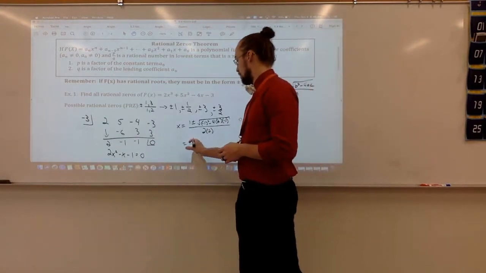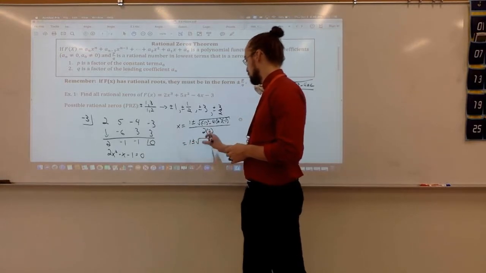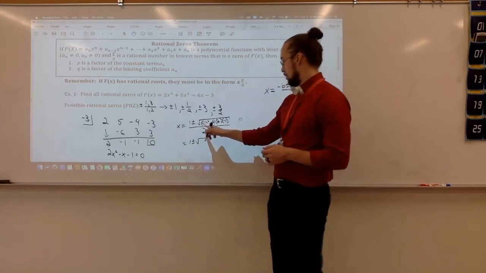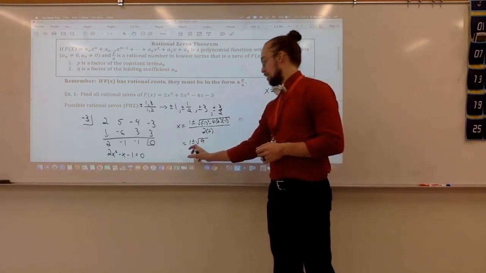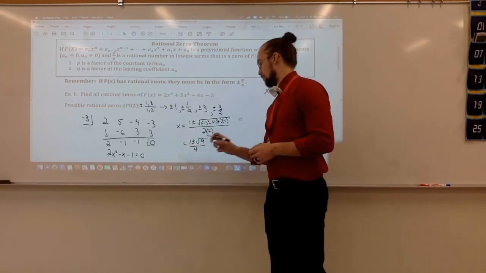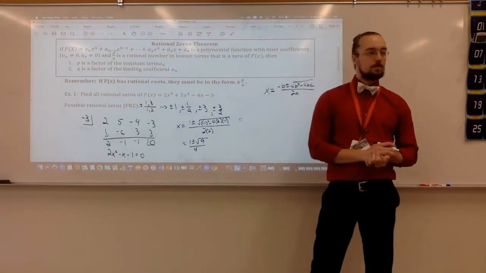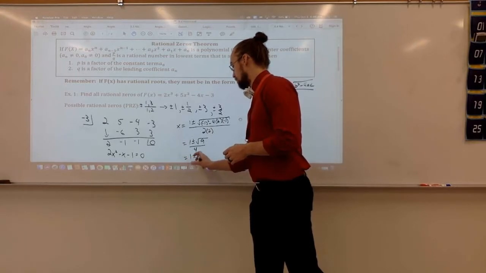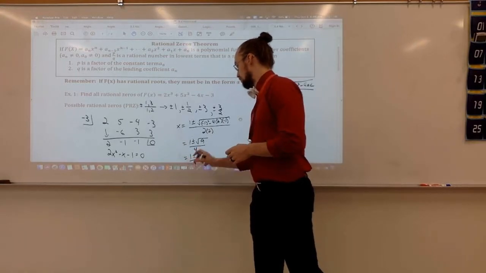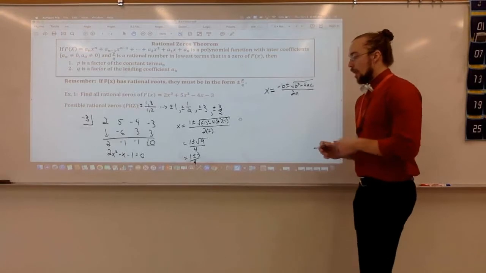So we get 1 plus or minus the square root of 1 plus 8, which is 9, over 4. So 1 plus or minus 3 over 4.